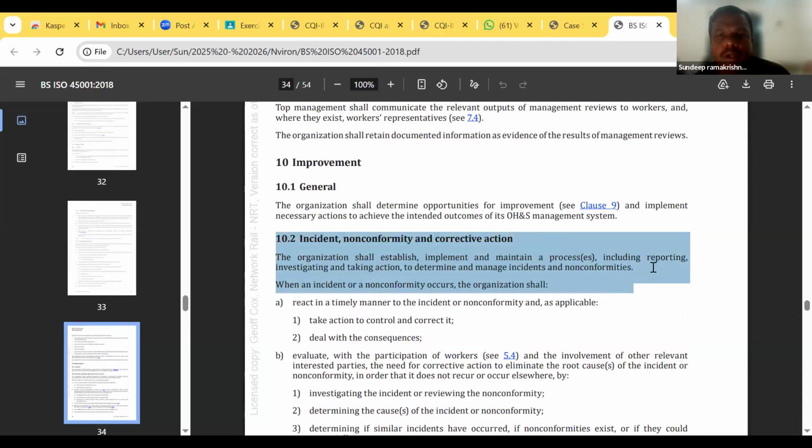They have not reported or investigated. Because both these are not done, action also is not taken. So it's a major non-conformity. Clear? Any questions? Anybody else? Okay, Anil Kumar Mohanty.